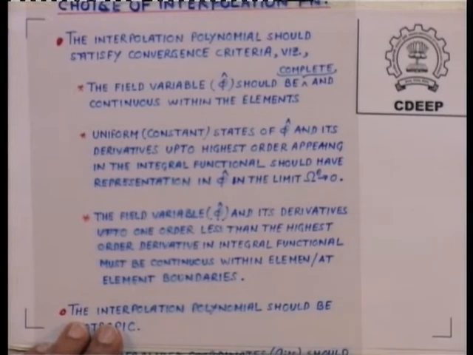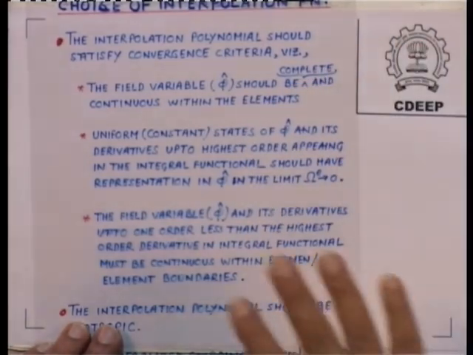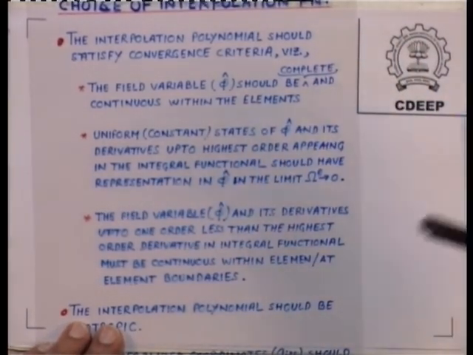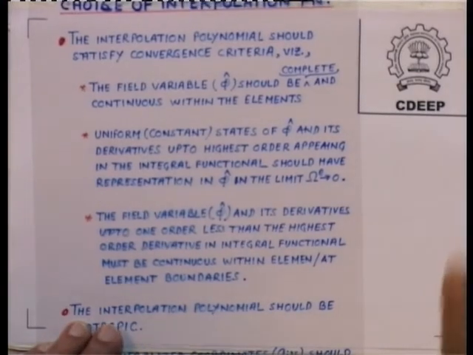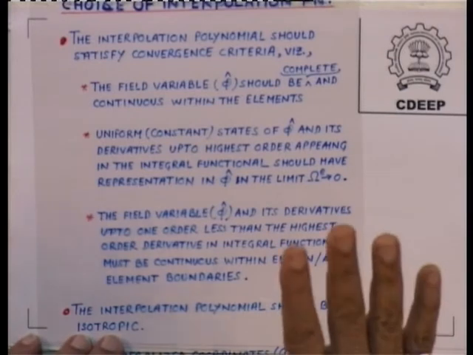Now, the requirement is one derivative less than the first derivative, meaning the basic variable itself. You should ensure that the basic variable is continuous within the element, and also across the element.